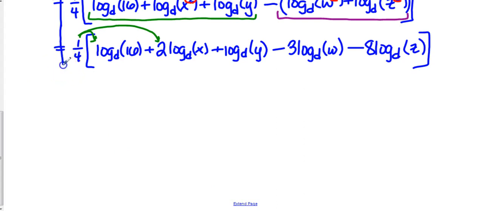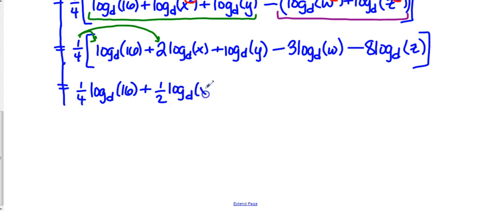You can't touch that. So what I mean by that is that this is going to become 1/4 log base d of 16. Notice, we did not touch the argument. Plus 1/4 times 2 is 1/2, and then log base d of x.